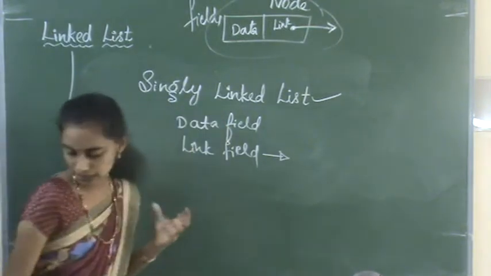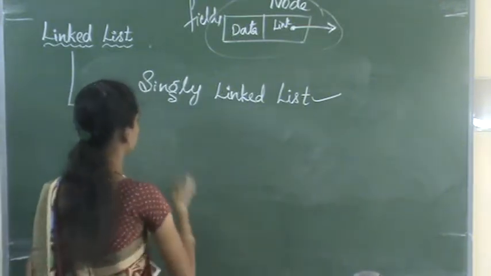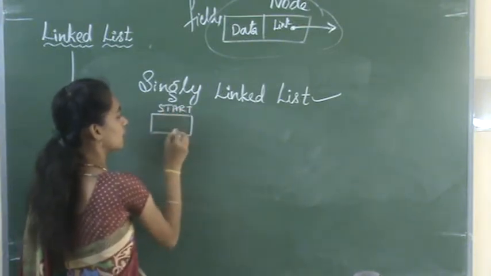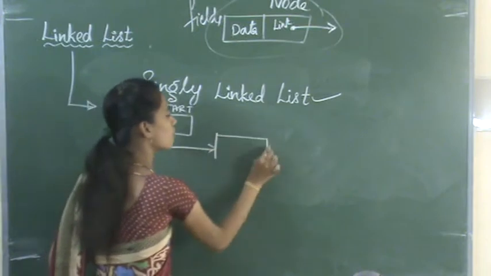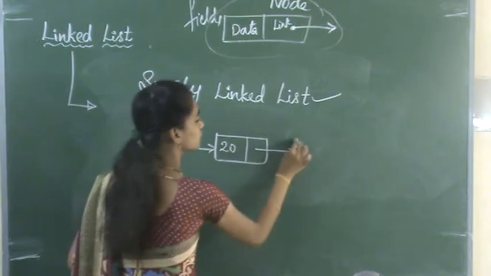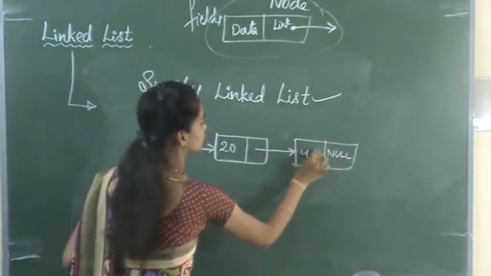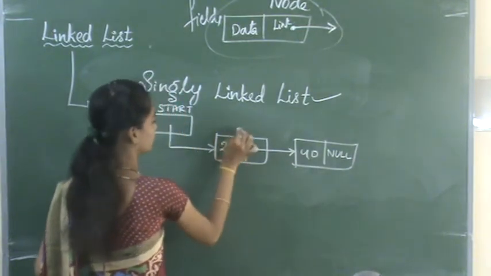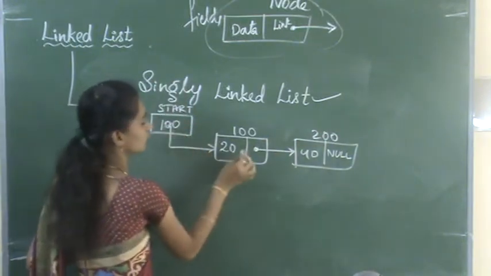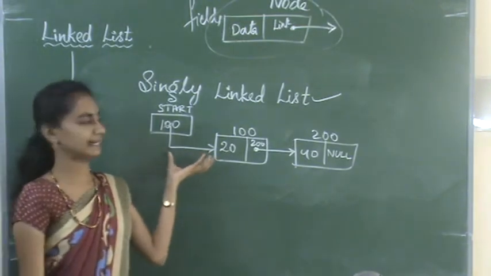So how will a singly linked list be represented? Same as the normal linked list. This is the start, and then this is connected to one node. So this we call a singly linked list.